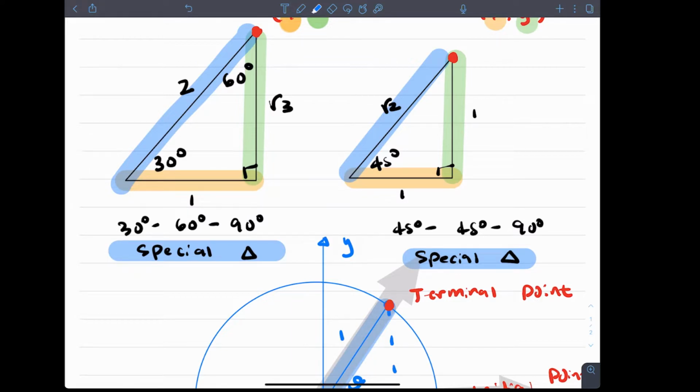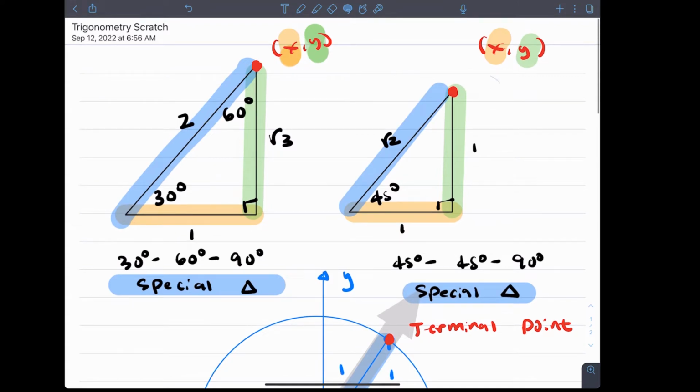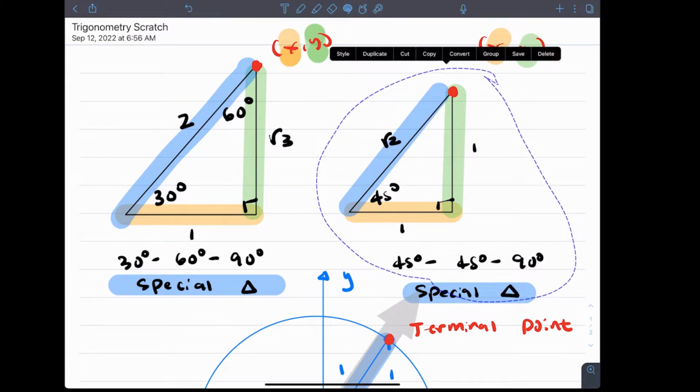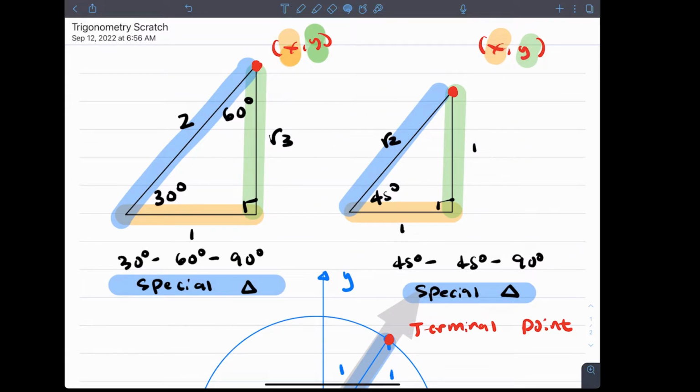Anyway. Well, let's do some math. What do you guys think? You guys want to do some math this morning? I'm going to share with you guys another approach to this. This is a very rigorous approach, though, of the 45, 45, 90-degree special triangle. I'm going to copy this. I want to make this radius 1, and that radius 1. We're going to use some algebra.